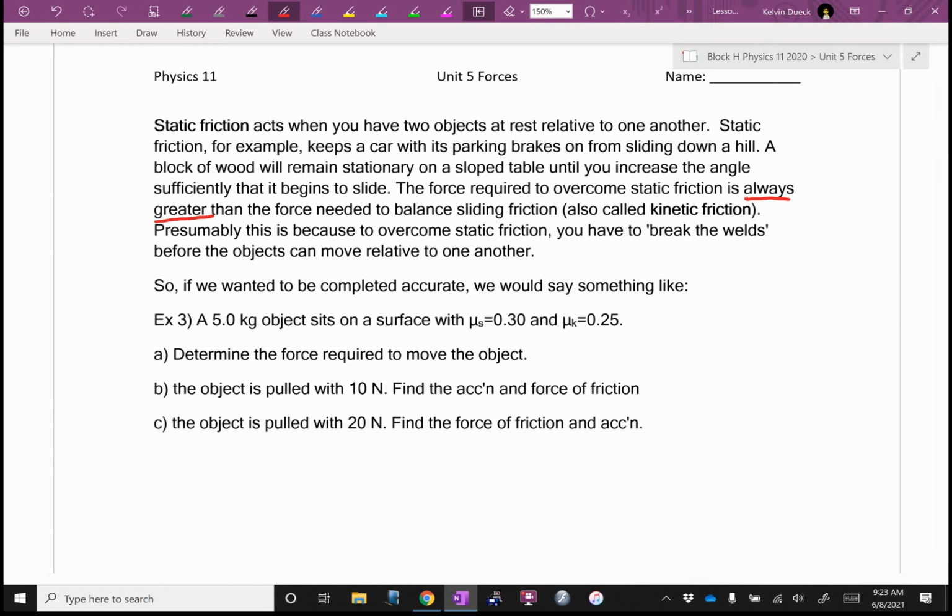I wrote a question mark here presumably because this is a question we're not quite sure about yet. We don't have a definitive explanation as to why static friction is bigger. We think maybe it's something similar to if you've ever driven on a gravel road with a lot of potholes. If you go really slow, like half a kilometer per hour, you feel every single pothole.